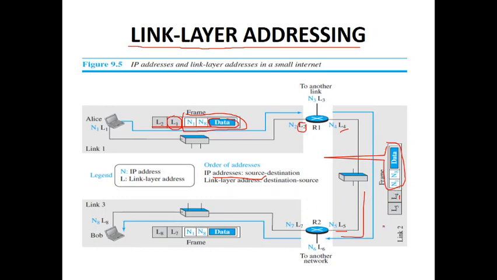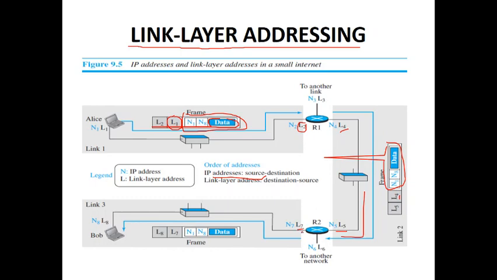Now data will be coming to this router, and ultimately it has to deliver to Bob's system. R2 is the default router which is connected to Bob's system. So we'll see what happens here. The data link layer of this router receives the data from R1 and now it has to change the address. Which address? Only the link layer address. Through which link does it deliver the data to Bob?